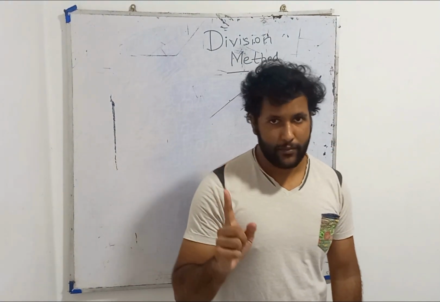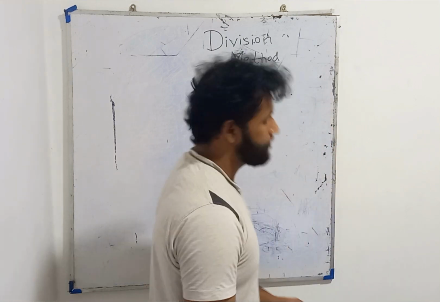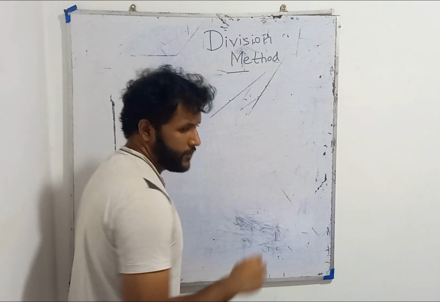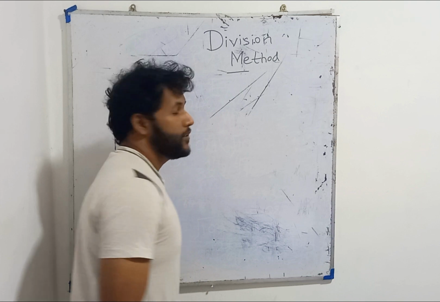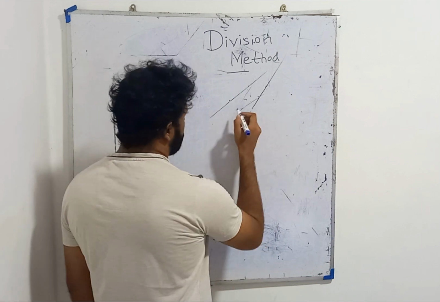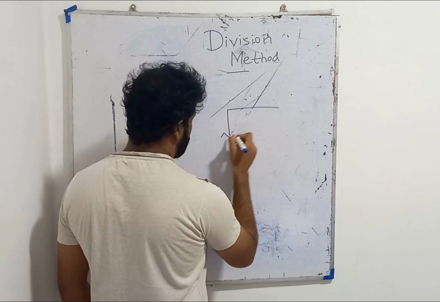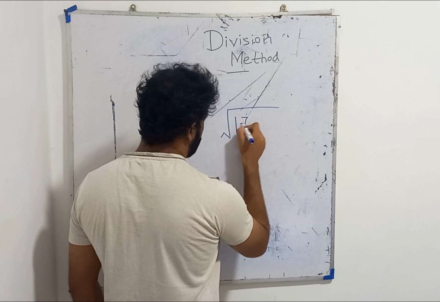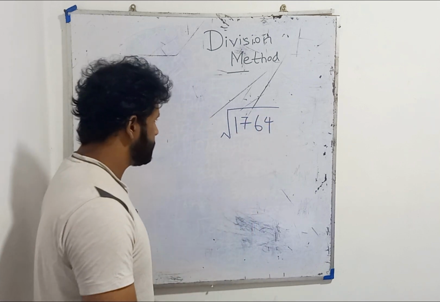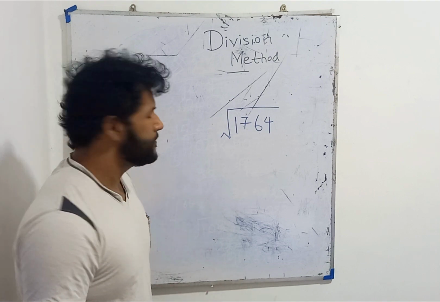This is example number 1, from your textbook: the square root of 1764. This is the question. Let me explain this stepwise.